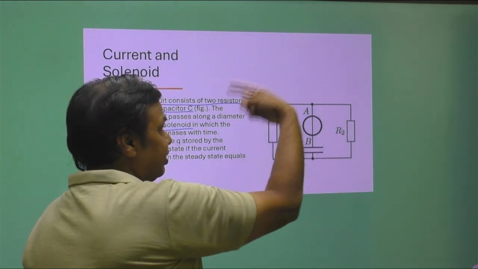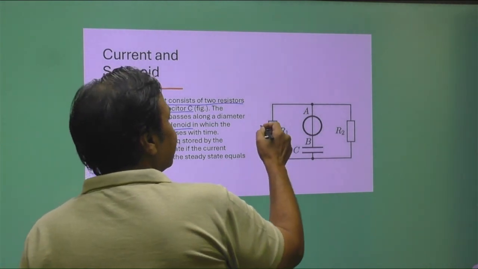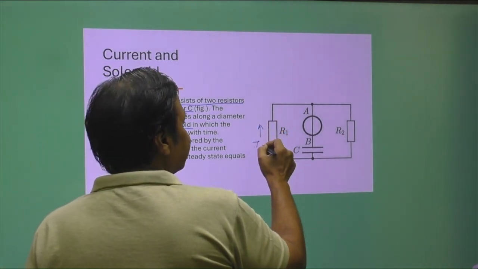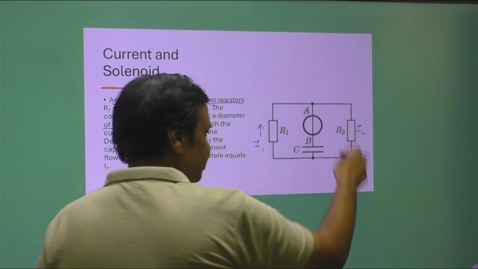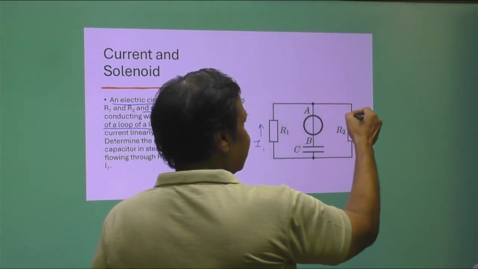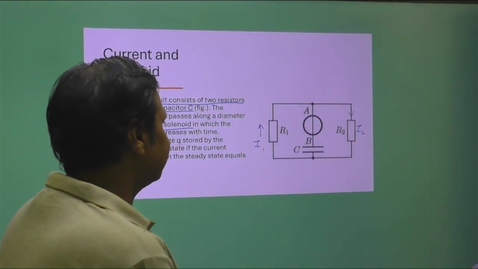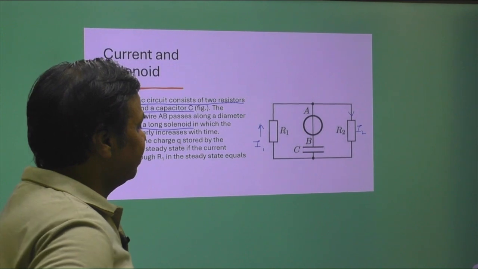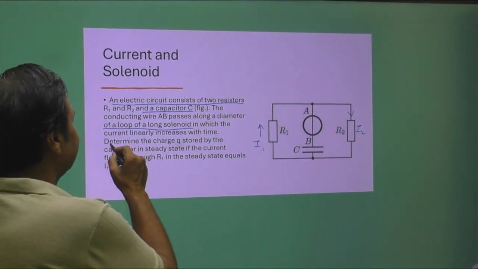So I guess a current will pass initially in this direction, through this resistor, through the capacitor. But determine the charge Q stored by the capacitor in the steady state.